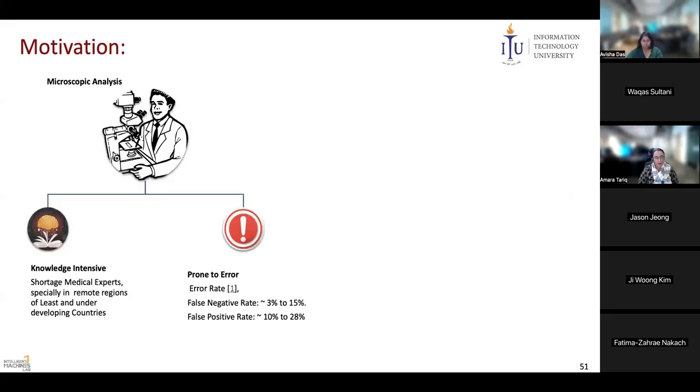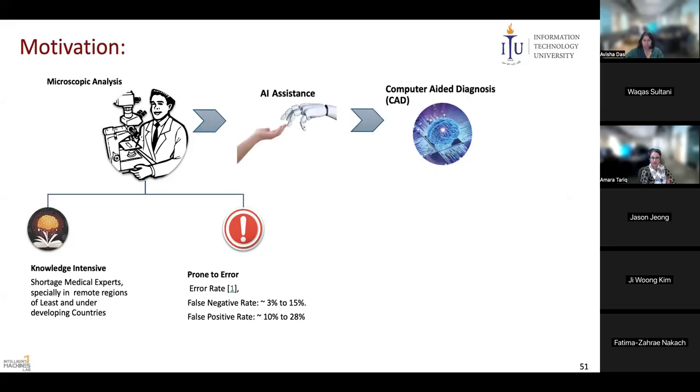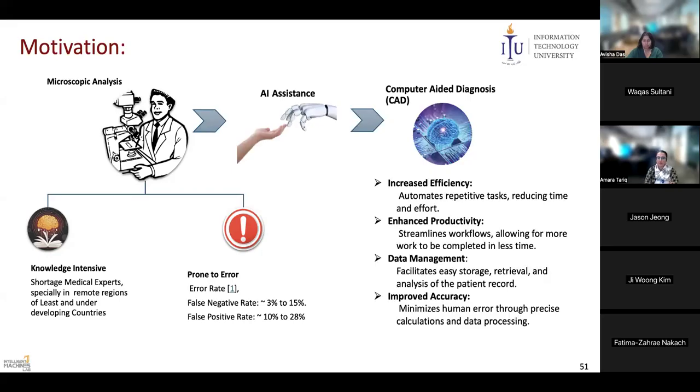There are a lot of papers showing that the false positive and false negative rates are too high for medical doctors. Obviously, computer-aided systems can help, because they can increase efficiency and productivity, and data management is easy. And many times, not always, they provide improved accuracy.